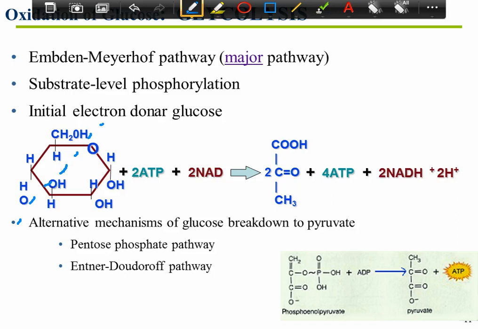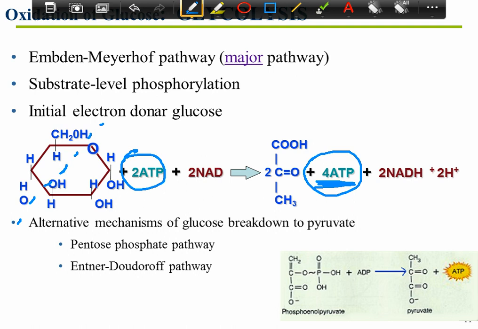Each of these 3-carbon molecules will have a high energy phosphate bond on them. We are then going to knock off that high energy phosphate bond. We're going to add it to ADP, and we're going to make ATP. We're going to do that a second time. We're going to make a couple of more ATP. Notice we had to input 2 to phosphorylate to begin with, but we get 4 at the end.